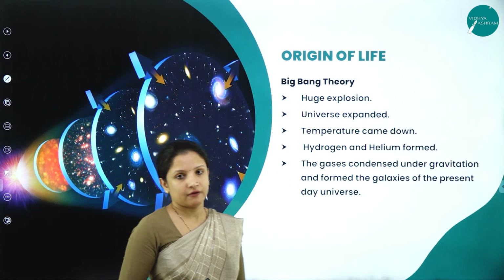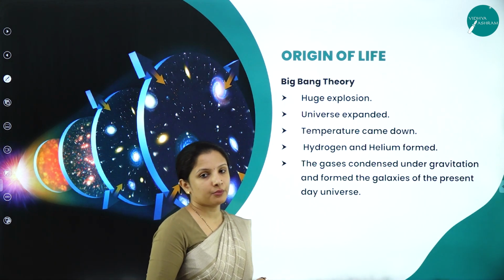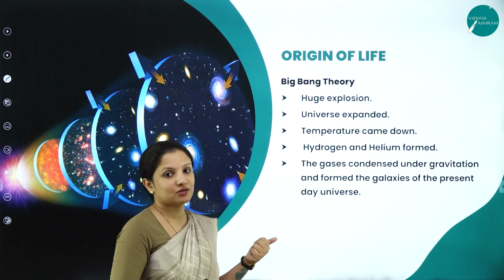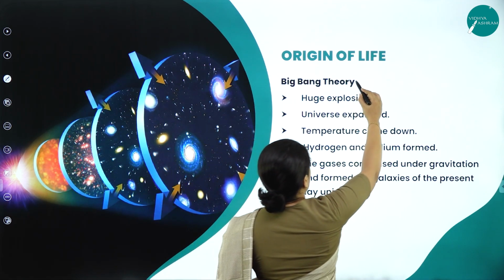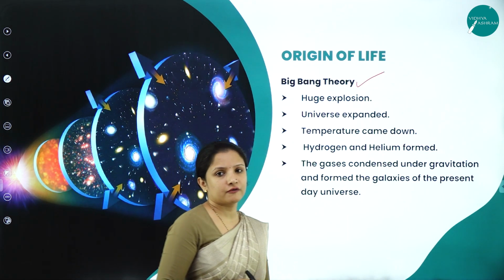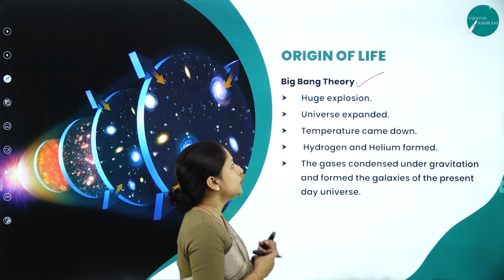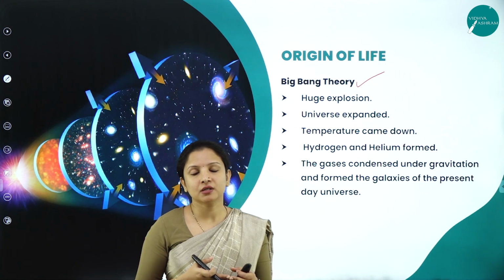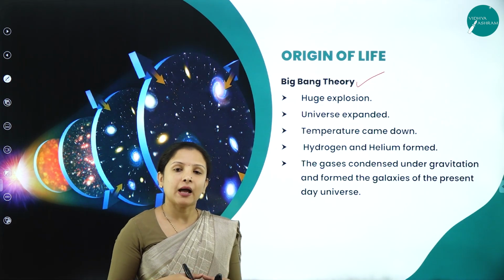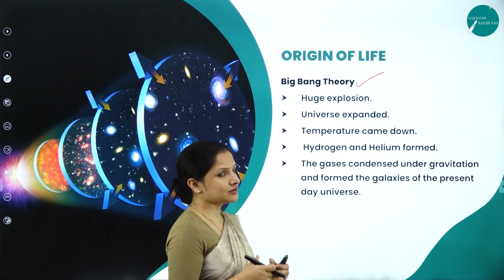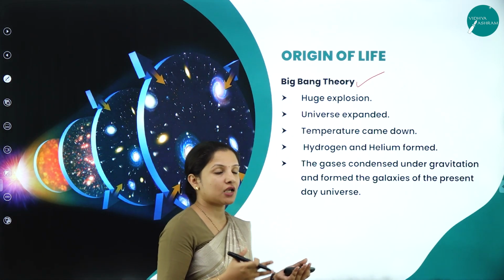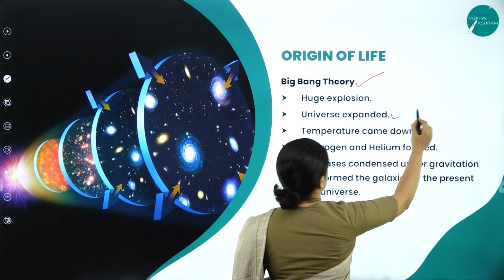When talking about evolution, we all need to remember the Big Bang theory. This is a very important concept. They said that the universe expanded because of a huge explosion that happened in the universe. This huge explosion created the expansion of the universe.